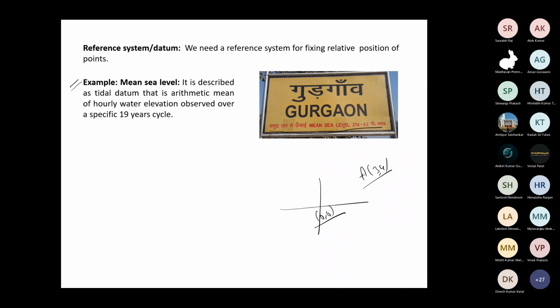The mean sea level, height above sea level. Have you ever read this? What is this? Can you tell me? Height from sea level. What is the meaning of that? 214.42.